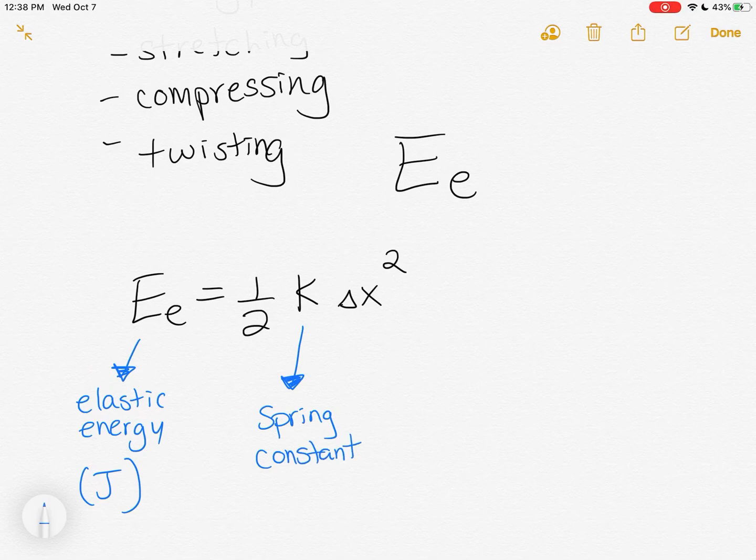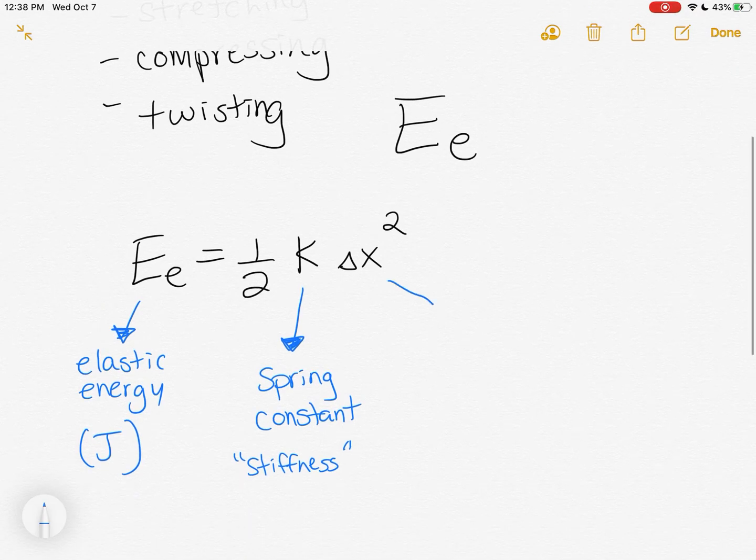The K in this formula is called the spring constant. That spring constant is a constant for every type of spring, and it's sometimes called the stiffness of the spring, okay? Either you're given the spring constant or you'll be asked to find the spring constant.